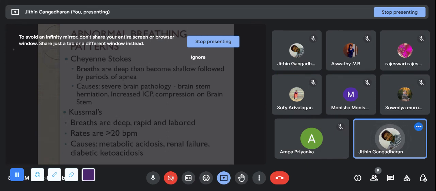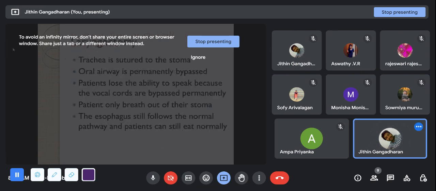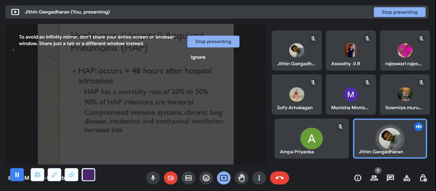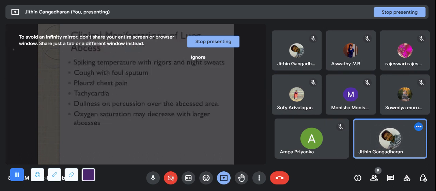And moreover, in diabetic ketoacidosis, you can have a fruity smell. Okay, fruity smell, then metabolic acidosis and renal failure will be the causes. And laryngectomy, you know what laryngectomy is and how it is done for the temporary as well as the permanent conditions. Now, the next condition is the lung abscess.